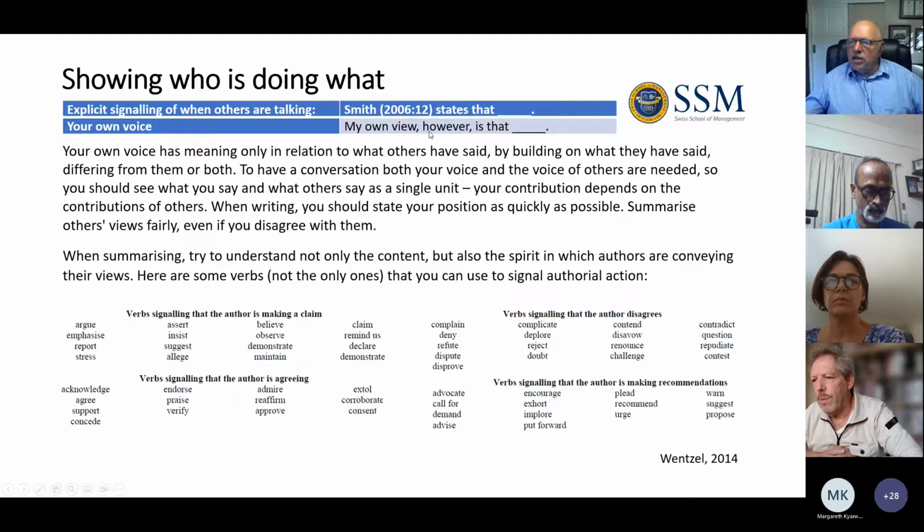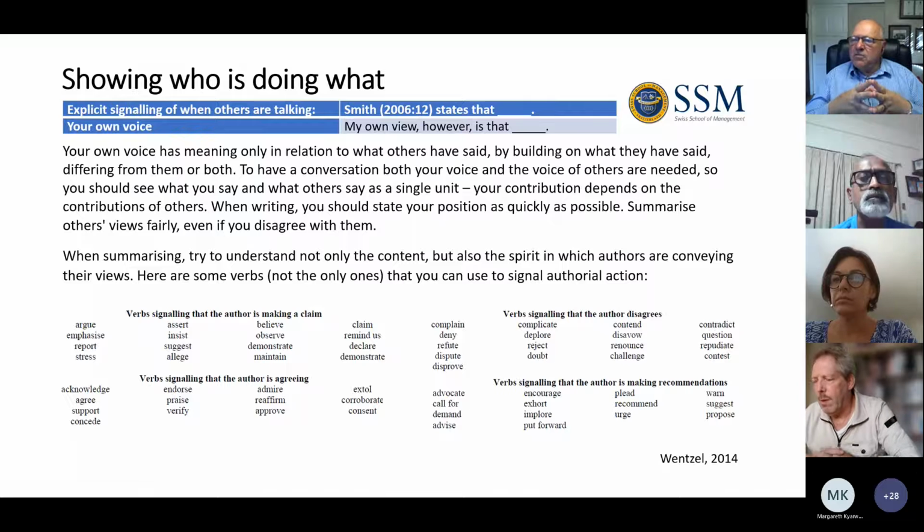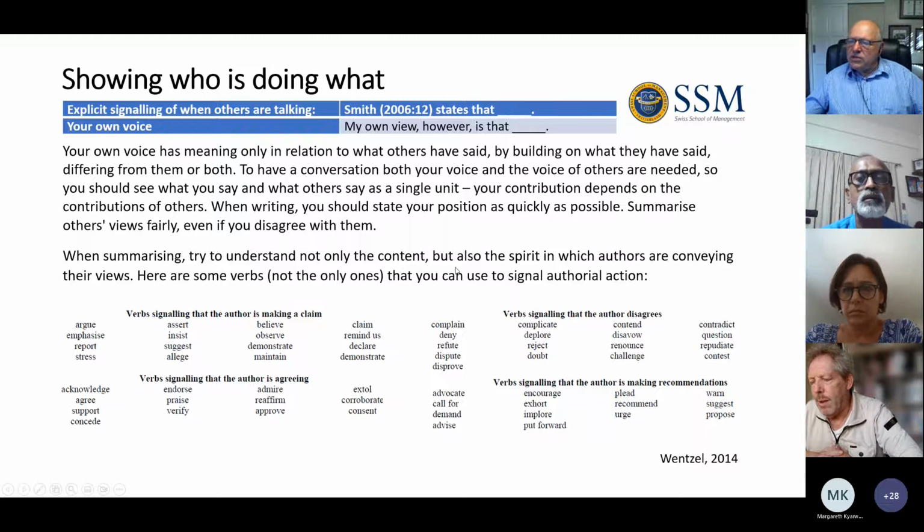You signal when others are talking, such as Smith so-and-so states that, and then your own voice: my own view, however, is this and that. It's not that you mustn't use words like I, we, and so forth. Particularly in a PhD, DBA type of study, you can use your own voice, and you must show it. So when summarizing, try to understand not only the content, also the spirit.